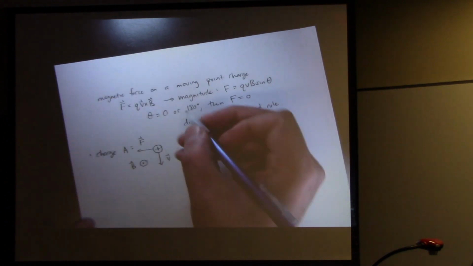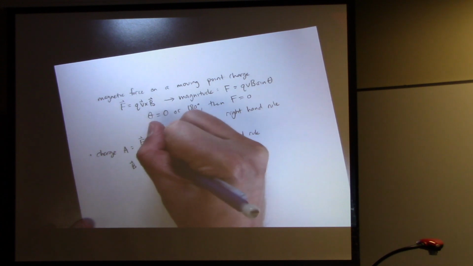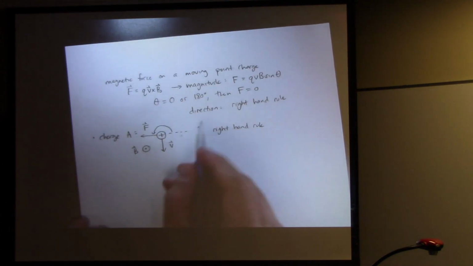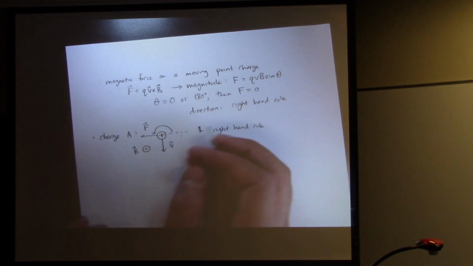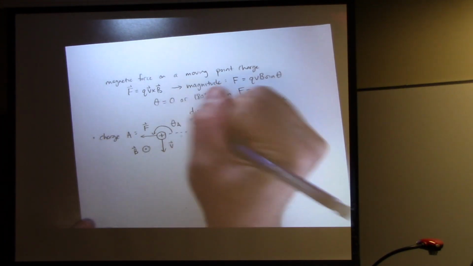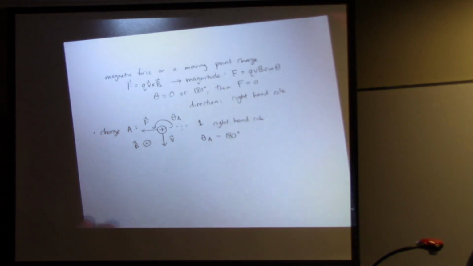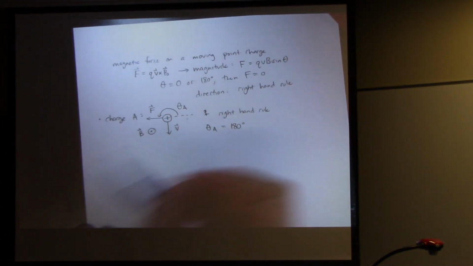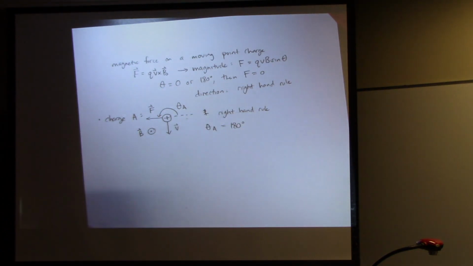So if I were to talk about the direction of that force as an angle from the positive x-axis, which is this dashed line right here, let's call that theta A. Theta A is 180 degrees, because the force is pointing in the negative x direction.